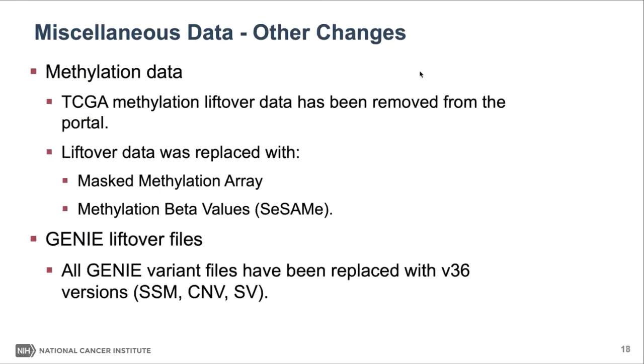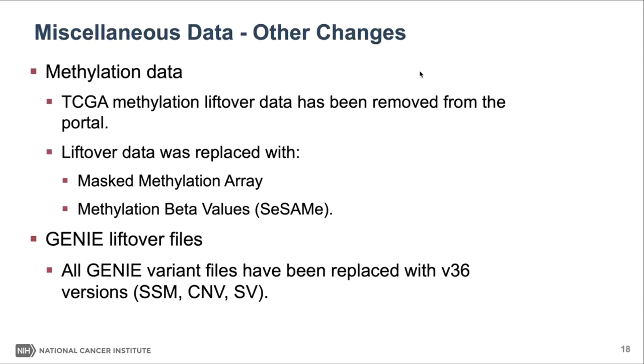The methylation data, in the past we had TCGA methylation liftover data on the portal, and that has since been removed. This liftover data was replaced with our pipeline that we run for the other projects, which right now include HCMI and CPTAC3.